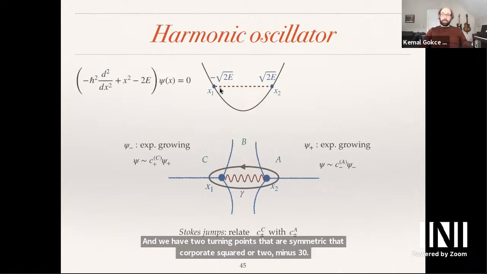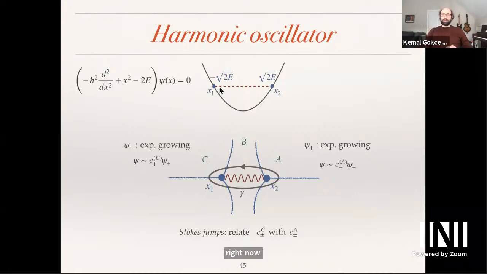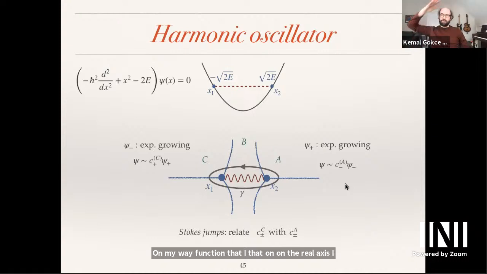Right? Now I want to impose a condition on my wave function that on the real axis, I want a normalizable wave function. So I want my wave function to decay exponentially when I go to the right on the real axis, and again to decay exponentially when I go to the left.